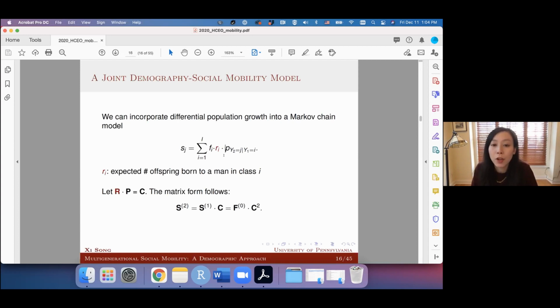We change our probabilistic view to a distributional view, so that here S will represent the number of sons, since here we just use a one-sex model, in different social classes rather than the proportion of sons in different social classes. So we can represent this model in matrix form by combining the reproduction term and the mobility term.